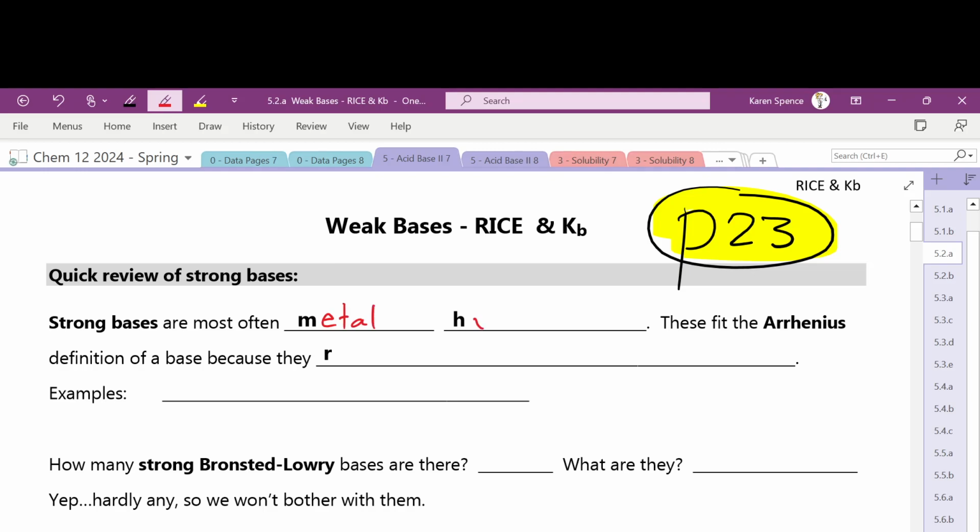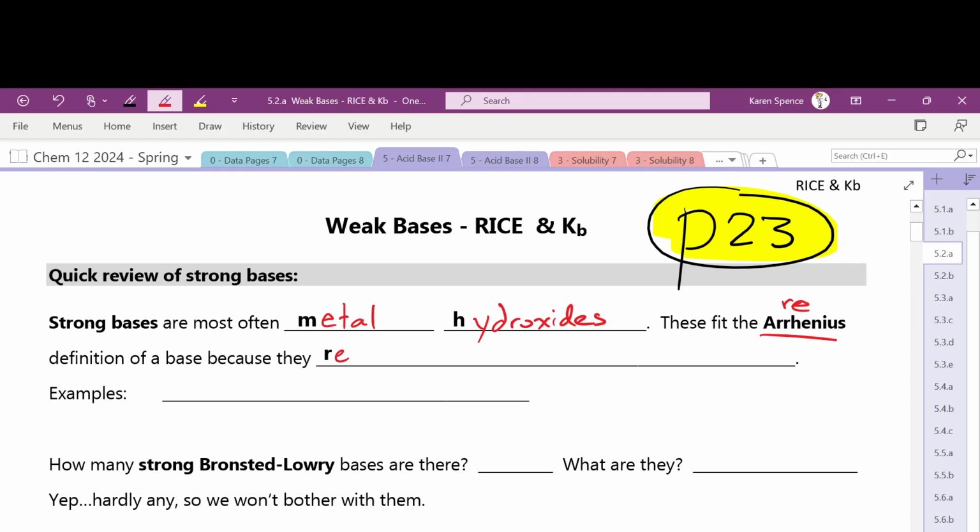Metal hydroxides. These fit the Arrhenius definition of a base because what do they do? Tell your partner. And remember, it's Arrhenius.